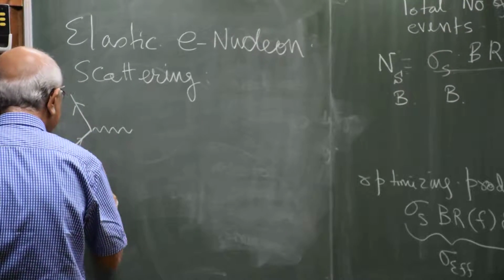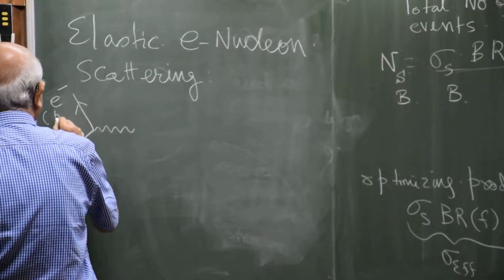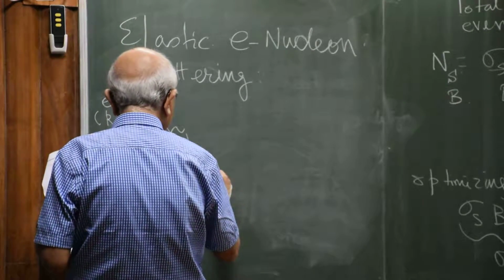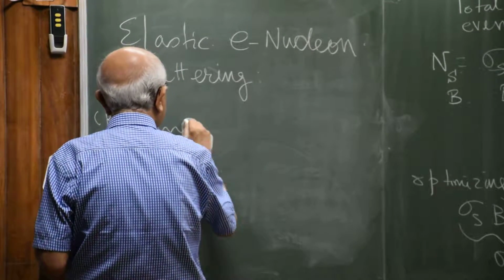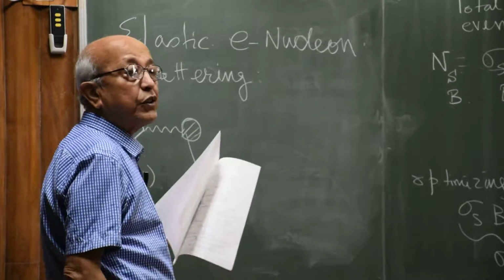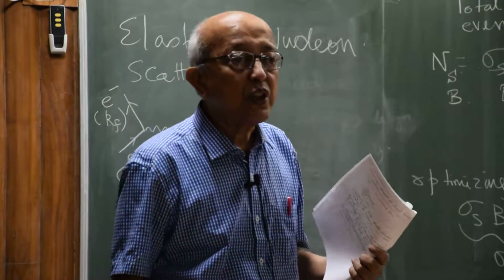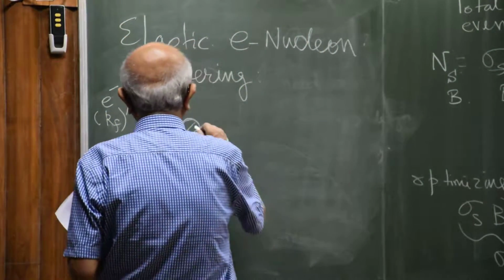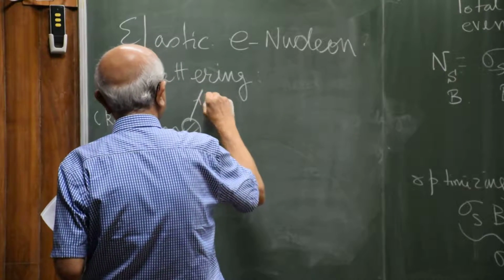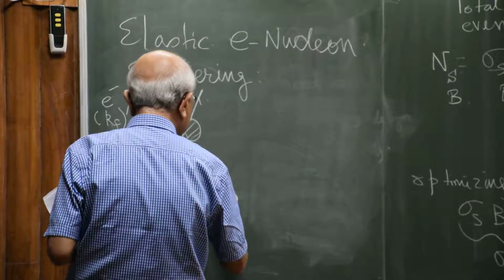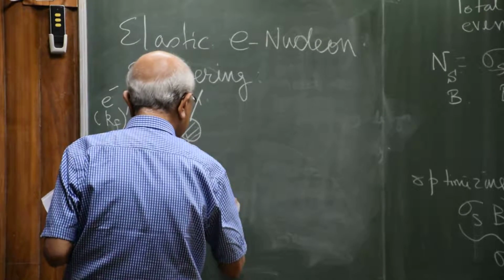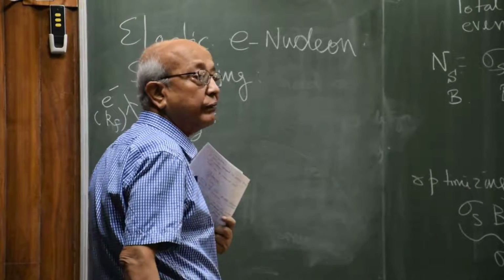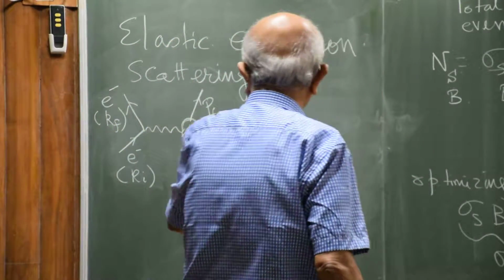This has a 4-momentum Ki, this has a 4-momentum Kf, and then I write the nucleon, but I put a blob here, just to remind you that we are not treating the nucleon as a point-like particle. So this has 4-momentum Pi and Pf.